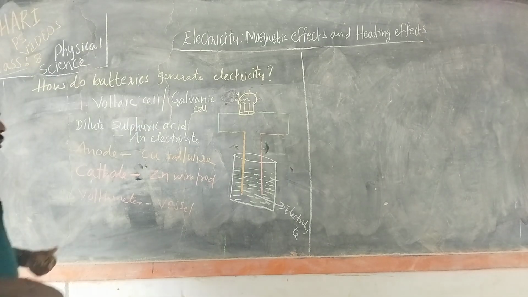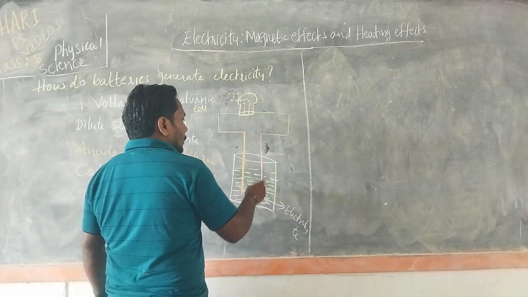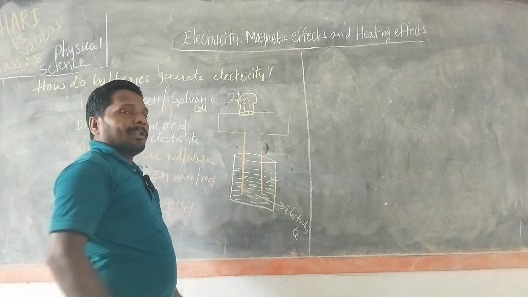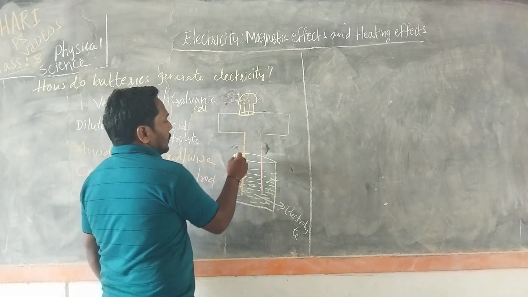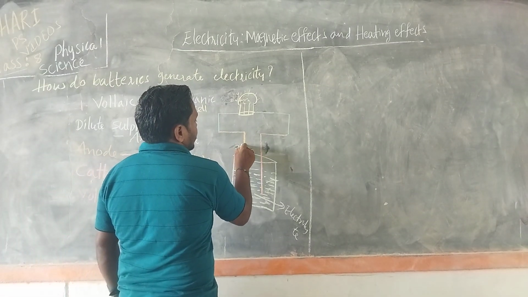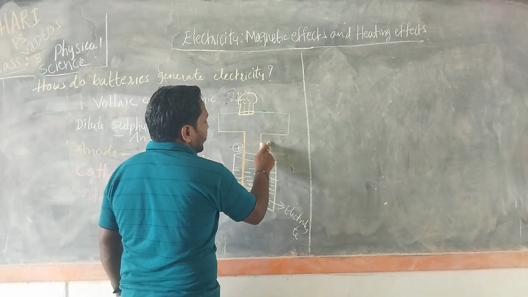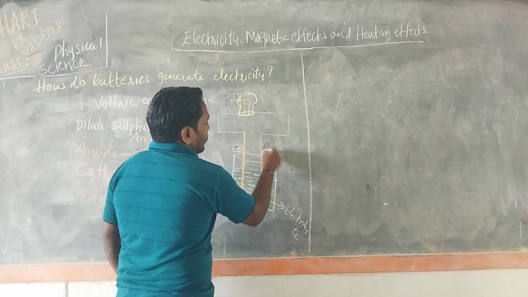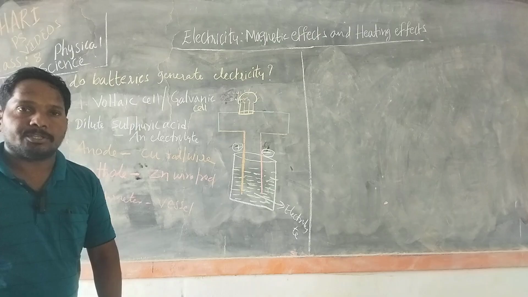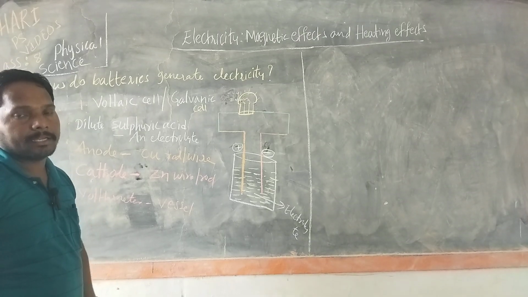Voltaic cell or galvanic cell. Here this copper plate acts as the positive terminal, and the zinc acts as the negative.